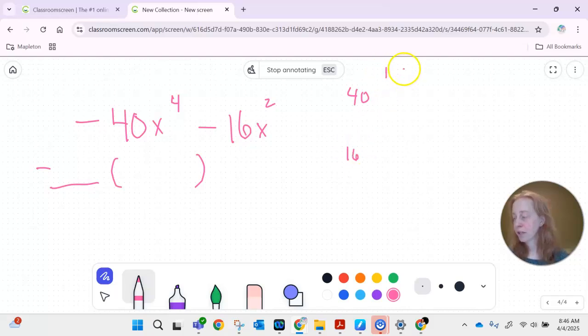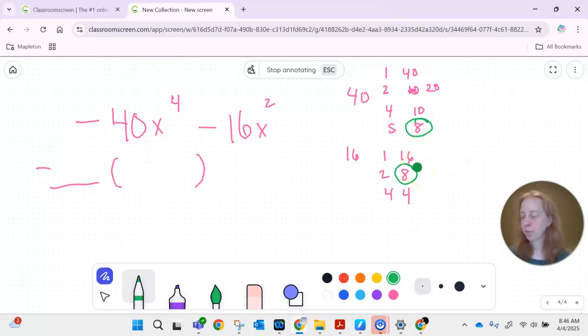Well, factors of 40: 1 and 40, 2 and 20, 4 and 10, 5 and 8. That is all. My factors of 16 are 1 and 16, 2 and 8, and 4 and 4. So what is my greatest common factor? I have an 8 in both of them, so I'm going to pull out an 8.